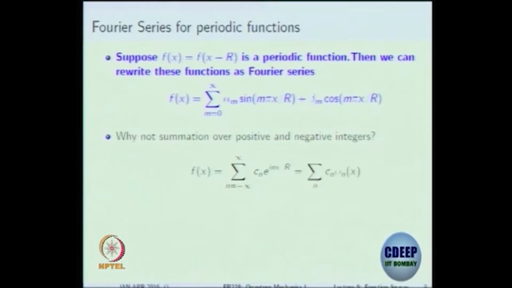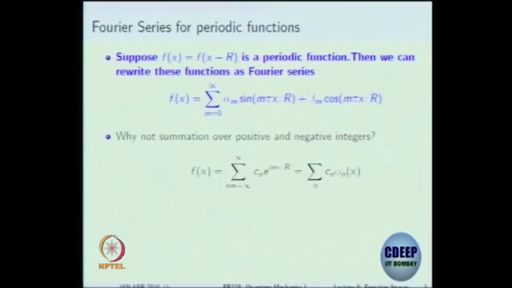Formally I am writing this as a summation over n, C n times phi n of x. These phi n's I'll choose to be orthonormal, and I can write my f of x in terms of them. In this particular example, phi n is the exponential, with a 2 pi factor in the exponent.